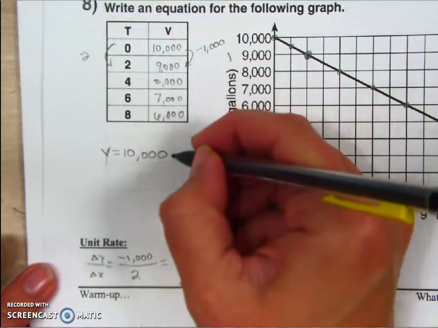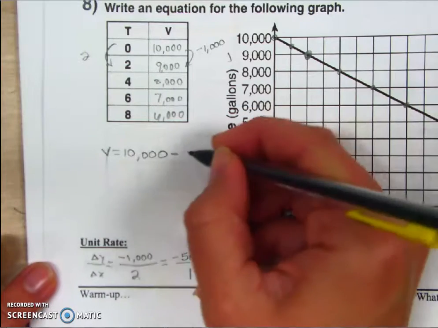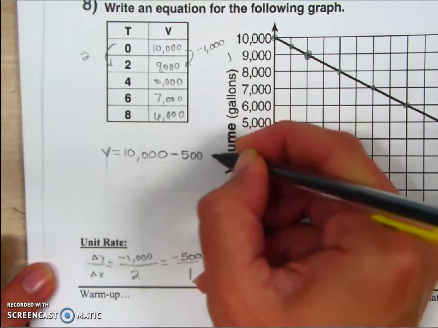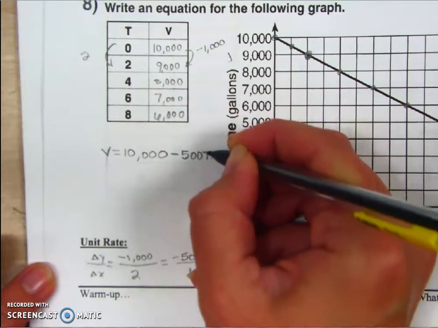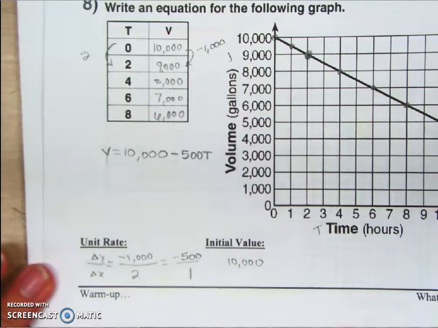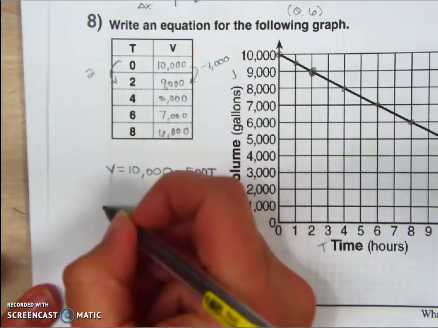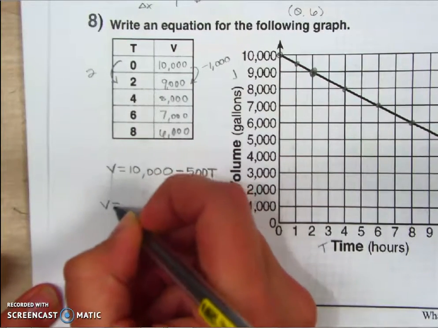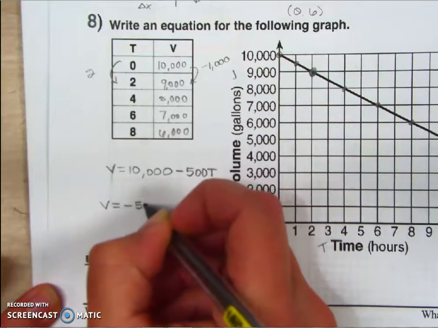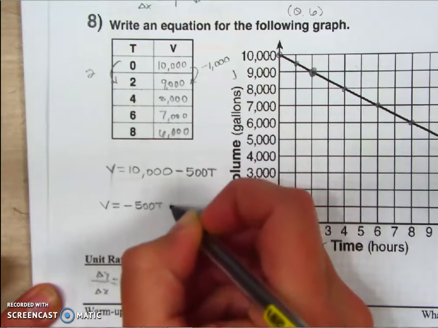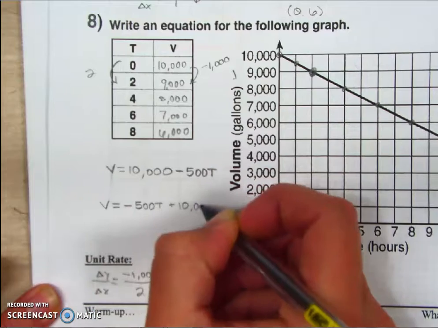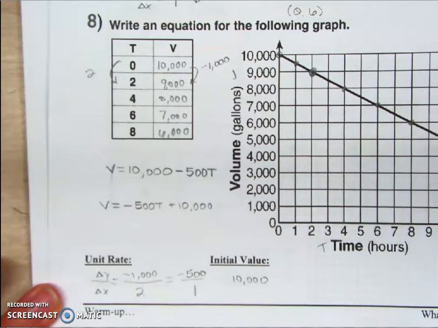All right, so if it's losing, that means it's subtracting 500 gallons every hour. And it looks like they want hours to be capital T because that's how they've labeled it there. So the other way to write this would be V equals negative 500T plus that initial value of 10,000 gallons. So that's how we would write the equation.